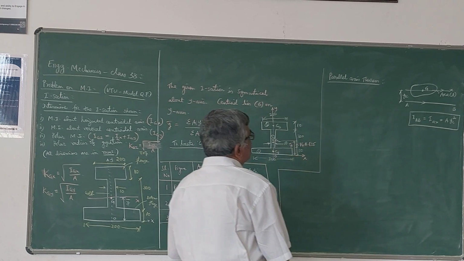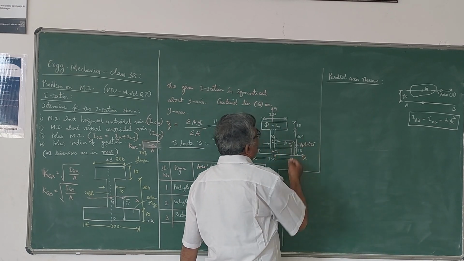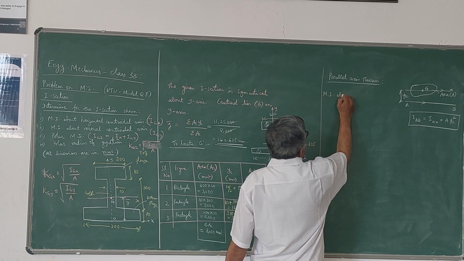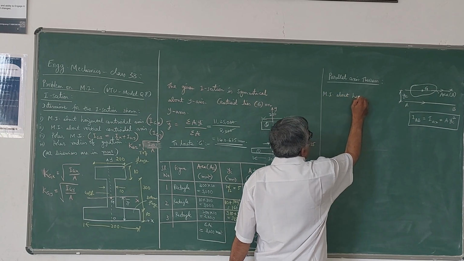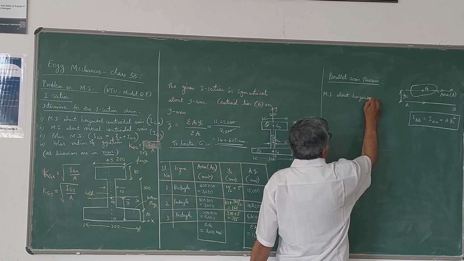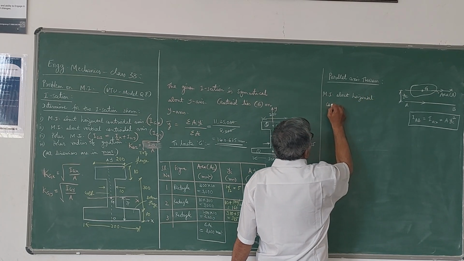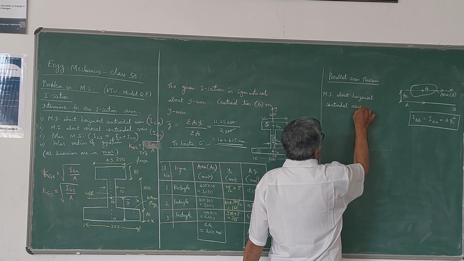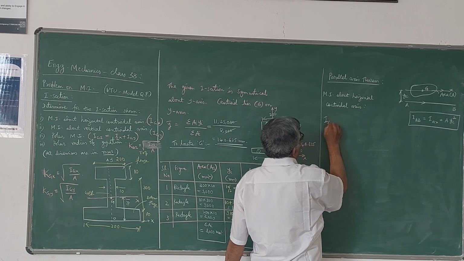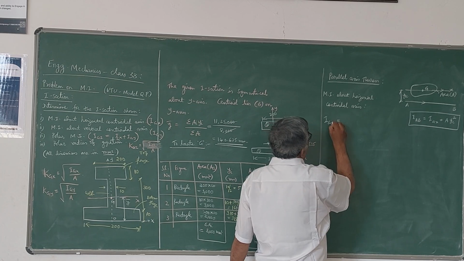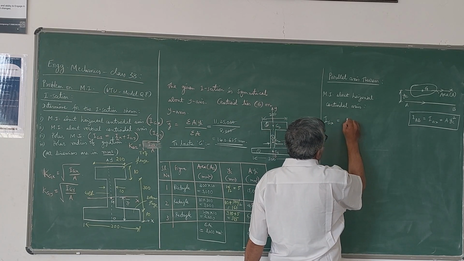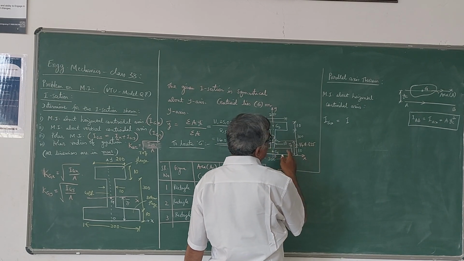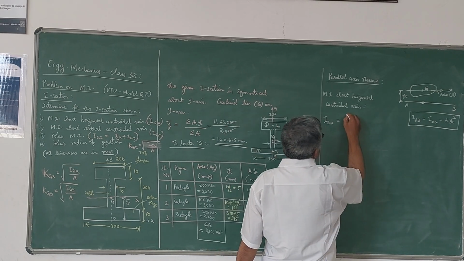So let us calculate now the moment of inertia about the horizontal centroidal axis, which is nothing but IGX. So here IGX is nothing but I have to take the moment of inertia of the first one.